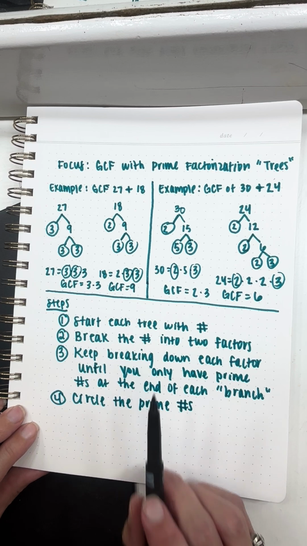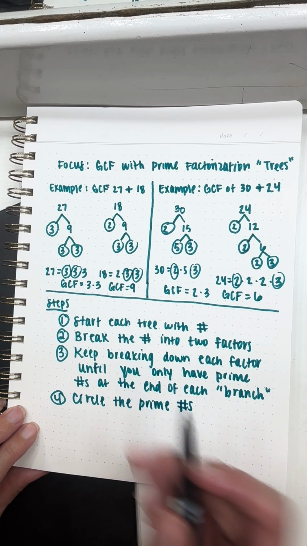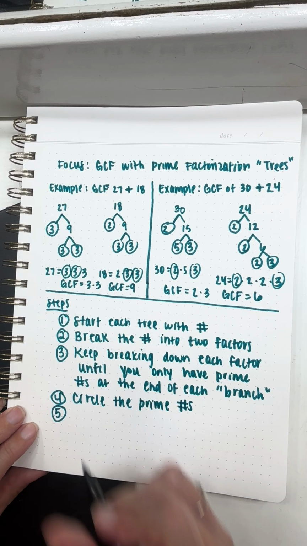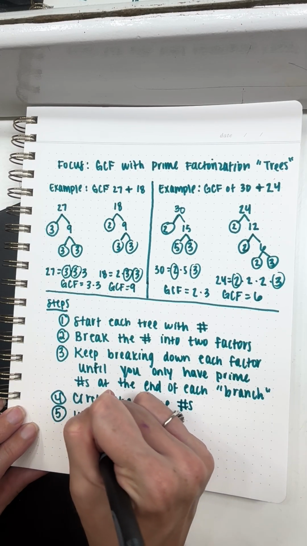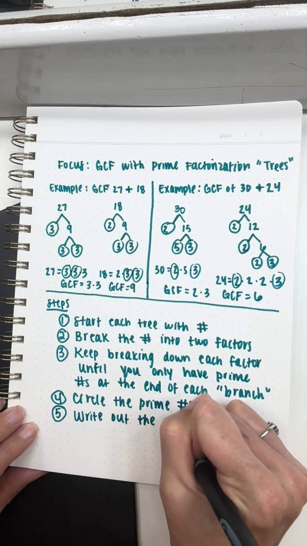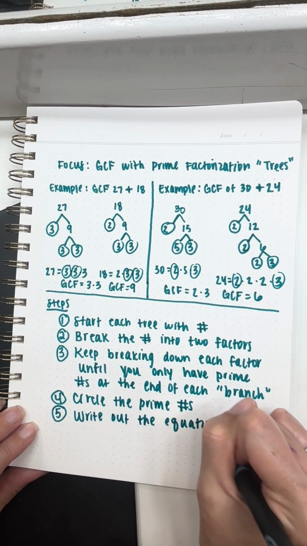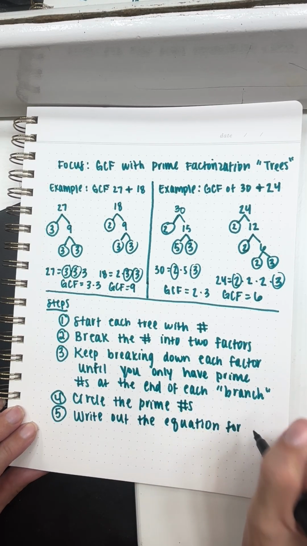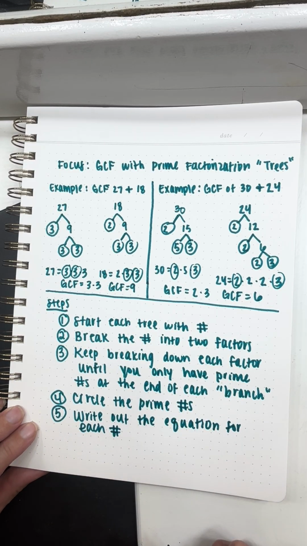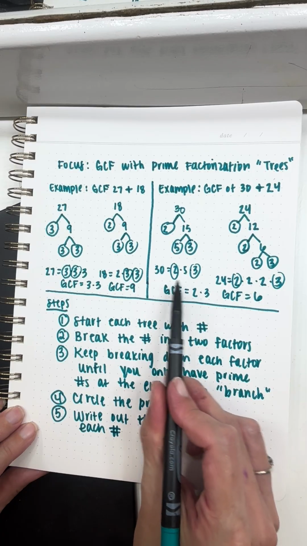That's how I form my trees. The last couple steps are how I find the greatest common factor. Step 5, I'm going to write out the equation for each number. If you remember, that's what we did up here.